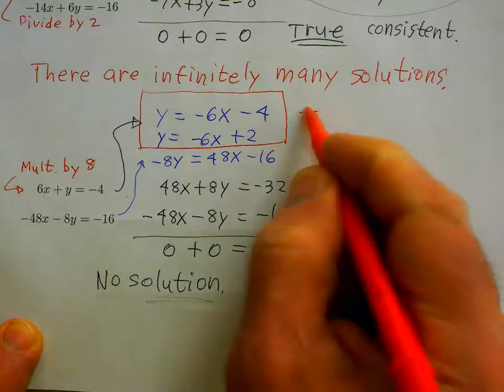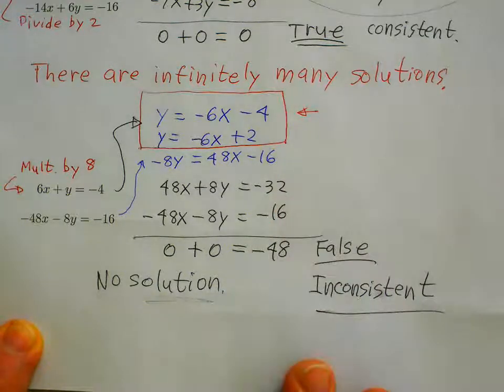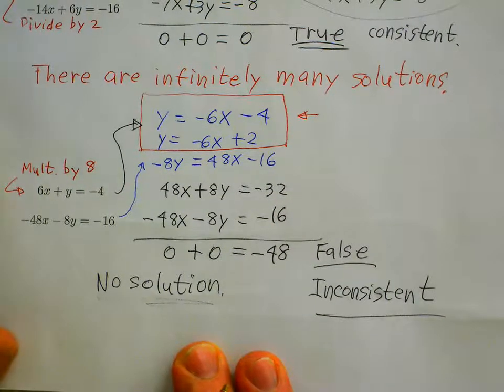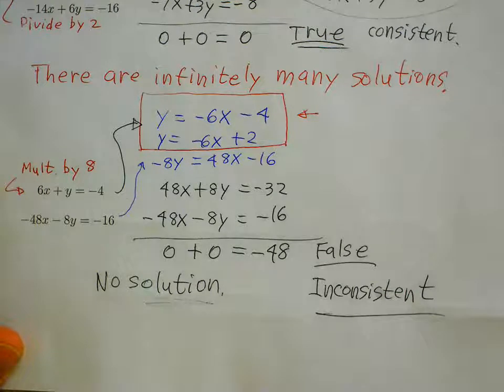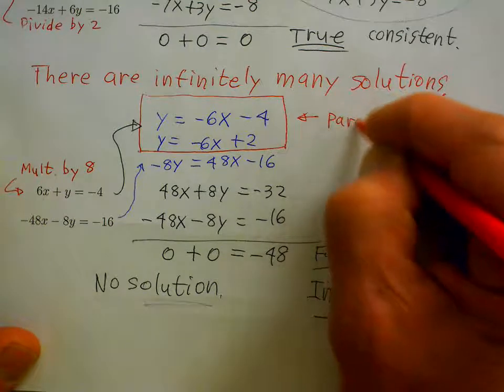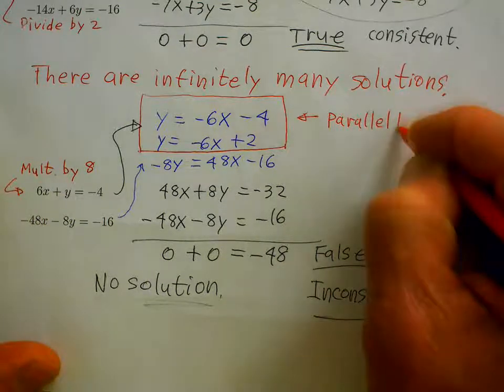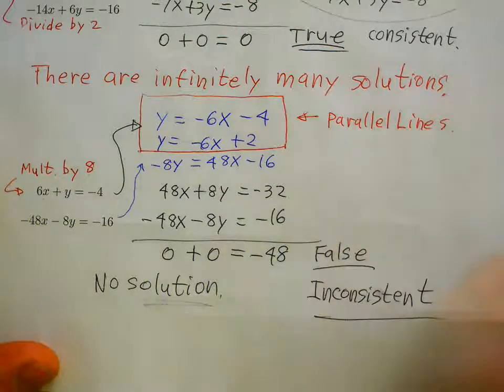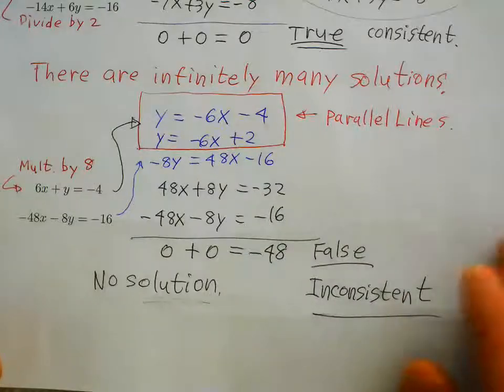But when they're in slope-intercept form, you can tell automatically that the lines are parallel. They don't intersect. So the system has no solution because the two lines do not intersect. Right? So parallel lines never intersect.